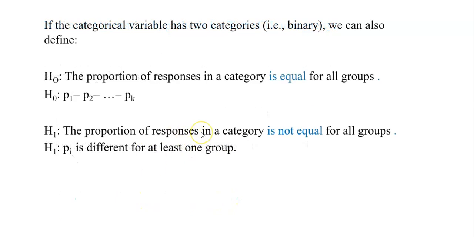We can express the null and alternative hypotheses in a different way if we have two categories for the categorical variable, if it is binary. So if the proportion of responses in a category is equal for all groups, if the proportion of men to women is the same for all the groups. It's same versus it is not same.